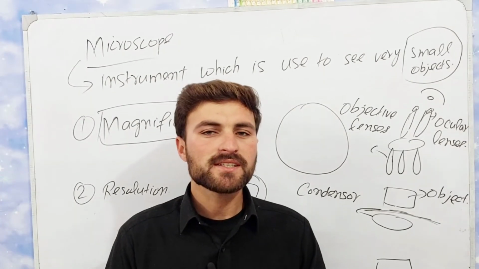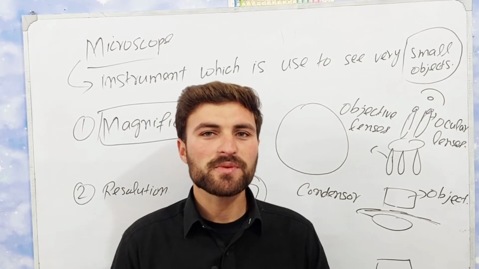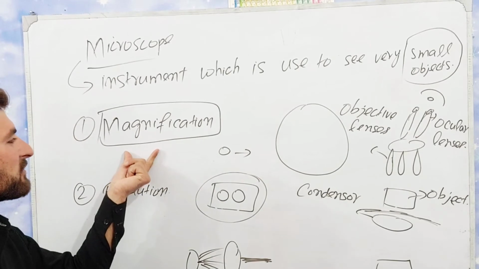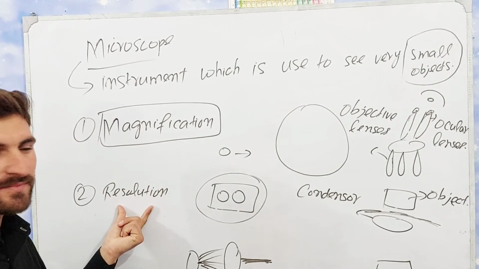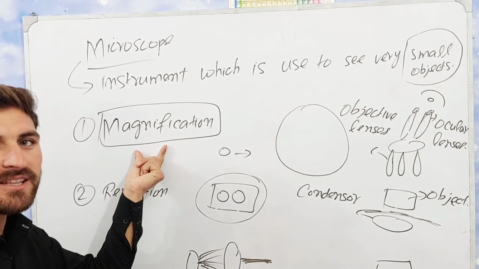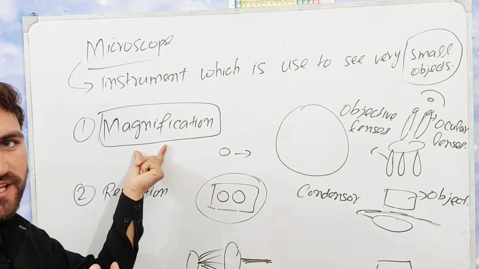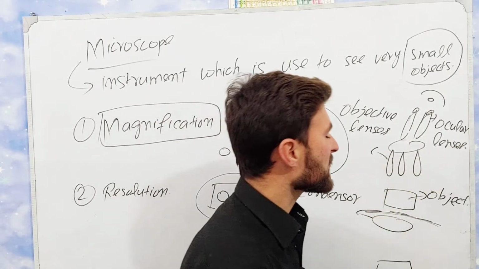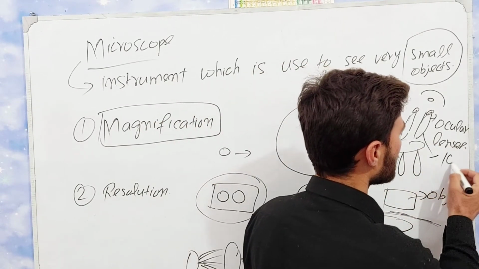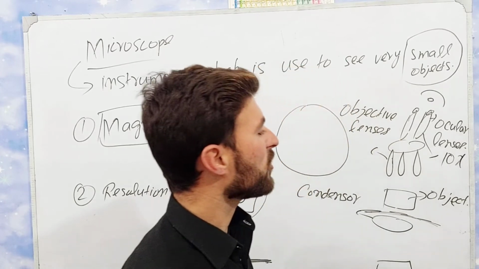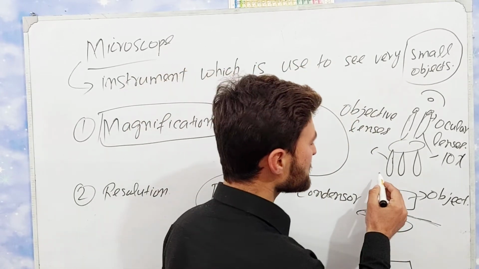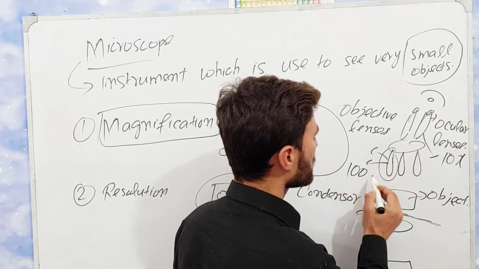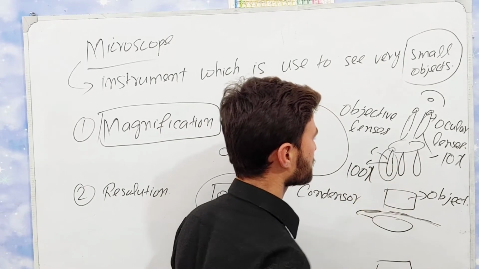After having a discussion on the lenses of the microscope, now let's discuss something very special about magnification and resolution. How can we determine the magnification power of the microscope? Let's suppose this ocular lens has 10x power of magnification, and this objective, let's suppose we take this, has a power of 100x.